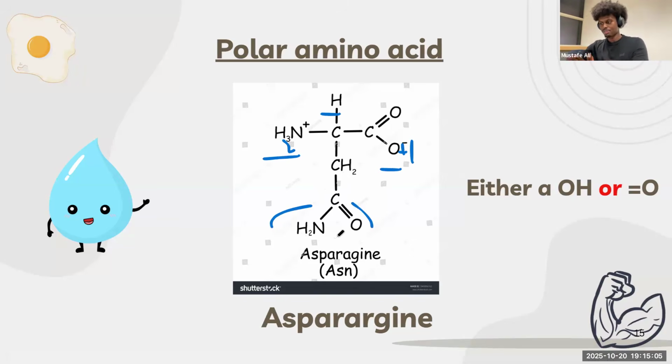Whenever there's a double bonded O, or another group like an amine group, it is going to be polar, okay? I said that polar amino acids either have a hydroxyl group or a double bonded O. So whenever you see either of these two, it is going to be polar, or in other words, hydrophilic.